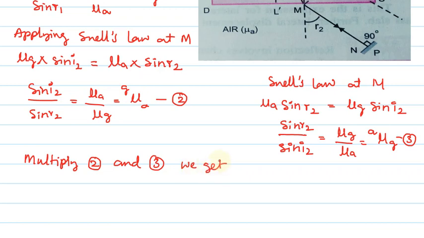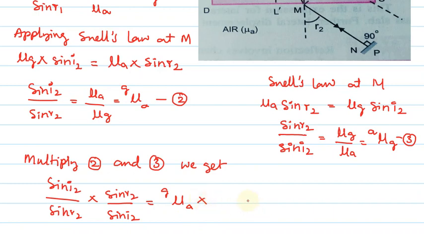We get sine I2 upon sine R2 into sine R2 upon sine I2 is equal to mu subscript A superscript G into mu subscript G superscript A. So from this we can write it is equal to 1, because sine I2, sine I2, sine R2, sine R2 get cancelled.